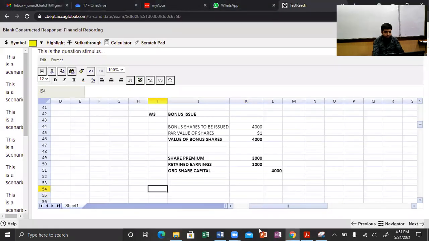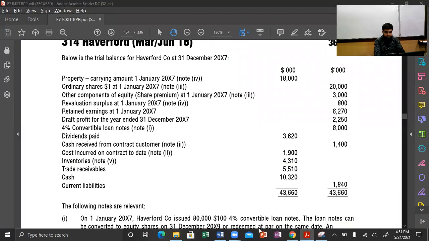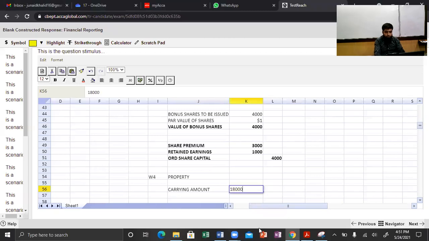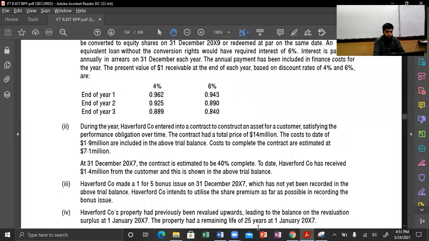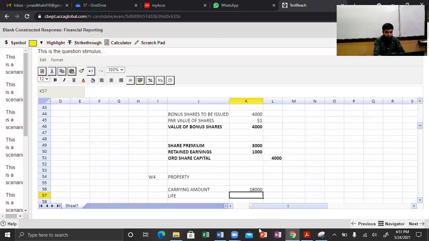So let's calculate the depreciation working for property. The carrying amount for the property is 18,000, and the remaining life given in the question is 25 years.